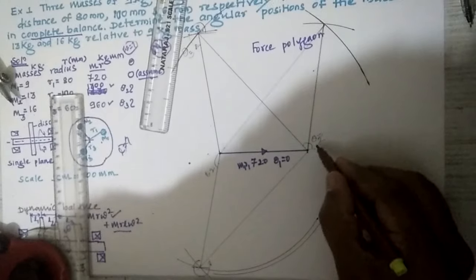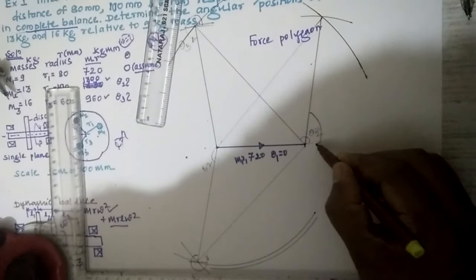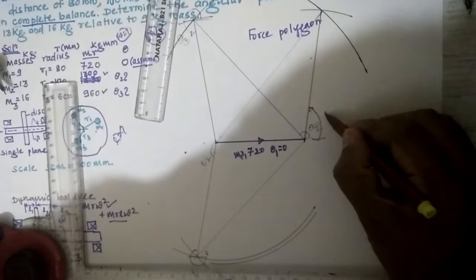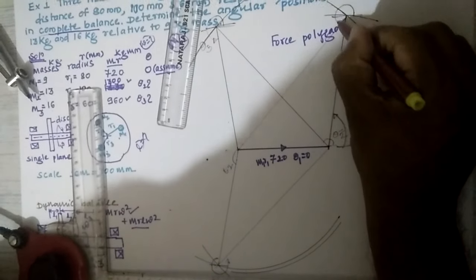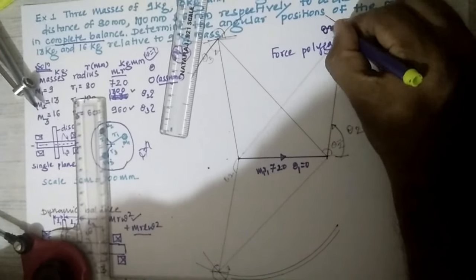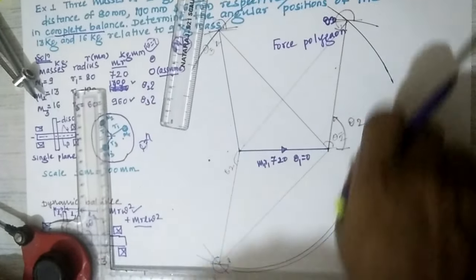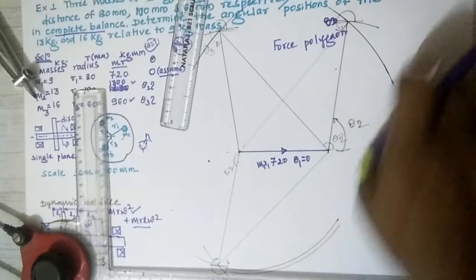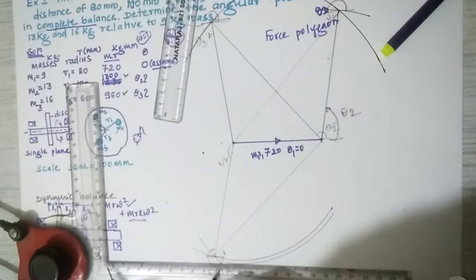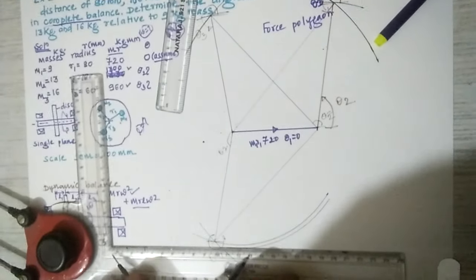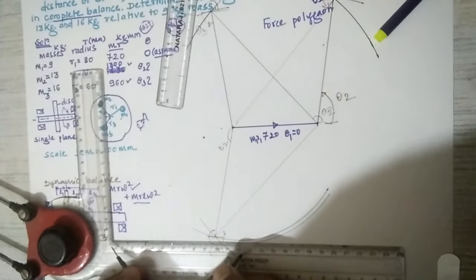This is also some angle. If you consider theta 2 with respect to horizontal, it comes as theta 3. You can say this is theta 3. We can find here also, it comes as one more position also, we can draw it. Okay, here also, once again 13 centimeter, we can make it this way also.